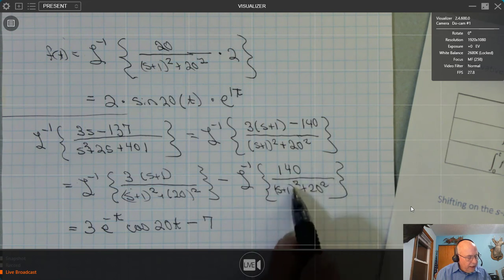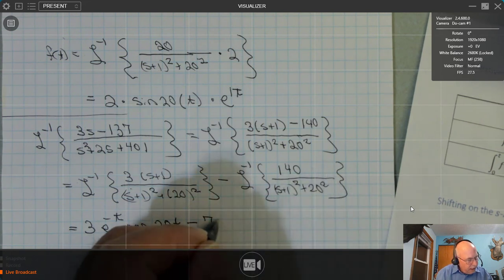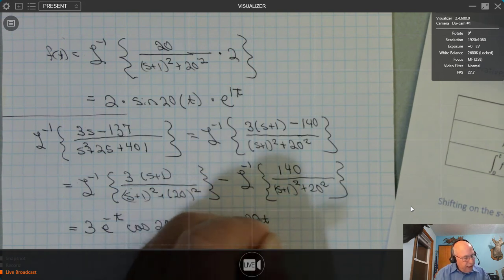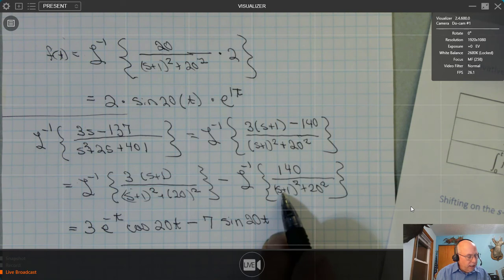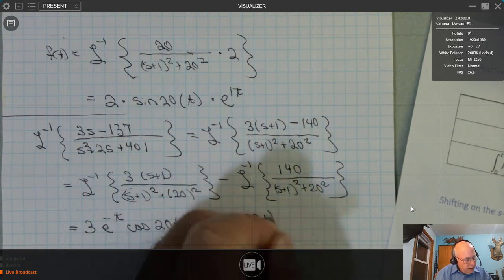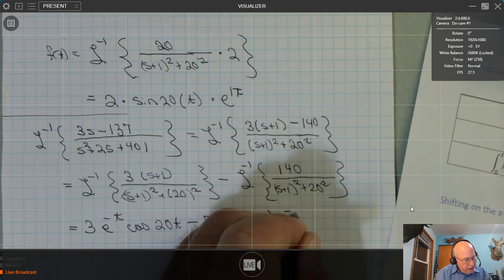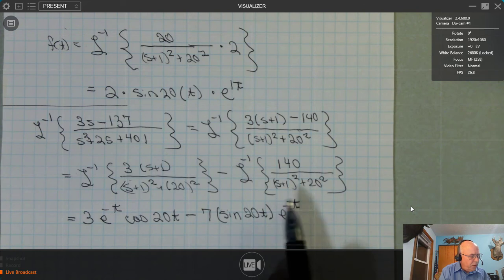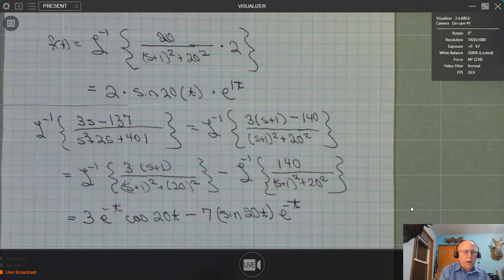Well, that is going to come from a sine form, sine of 20t, but it has that shift of s minus a minus 1 times e to the minus t. So there is the inverse transform of that whole fraction.